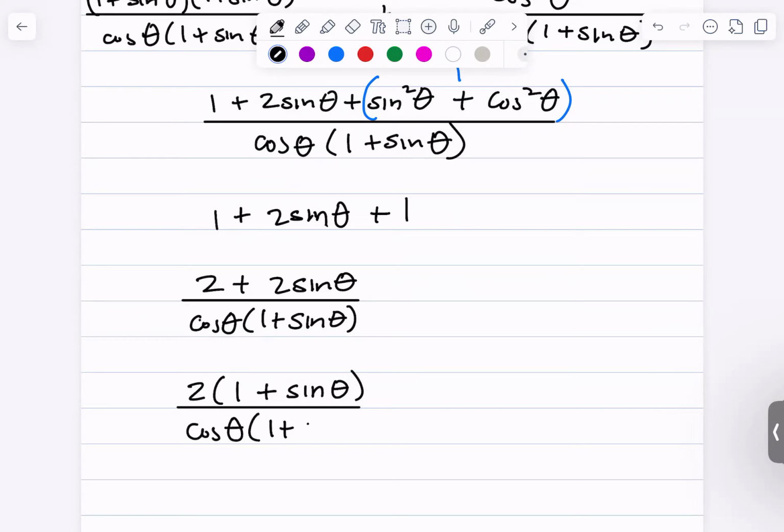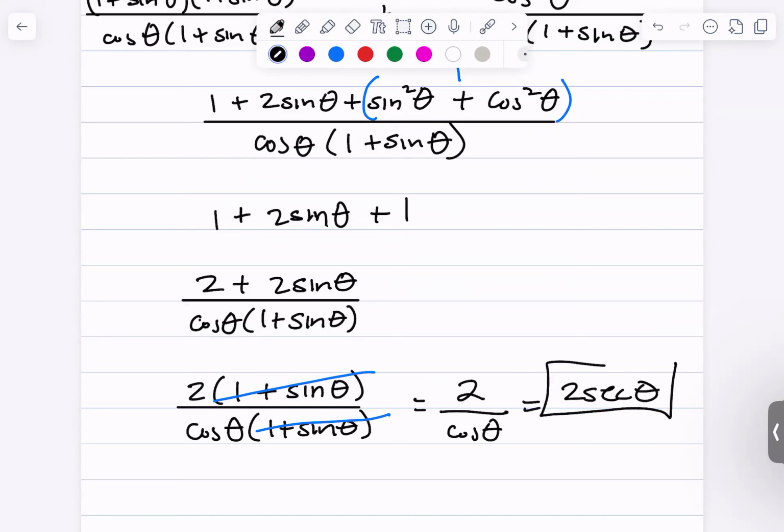Cosine times 1 plus sine. Now I can get rid of these 1 plus sines. And I have 2 over cosine, which is 2 secant of theta. Because 1 over cosine is the reciprocal of secant. 1 over cosine is secant. Okay.